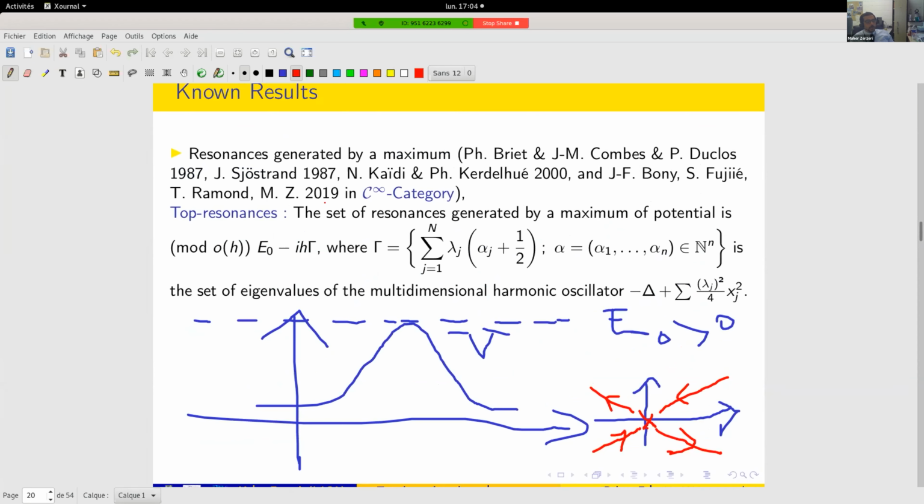And also we compare with some normal form, and this is done by Kaidi-Kederue in analytic case, but in what we call in C infinity category is analytic outside a compact set, not globally analytic in some sense. This is we do, but we precise exactly what is it resonant state near this point. This is important, and essentially is very important.